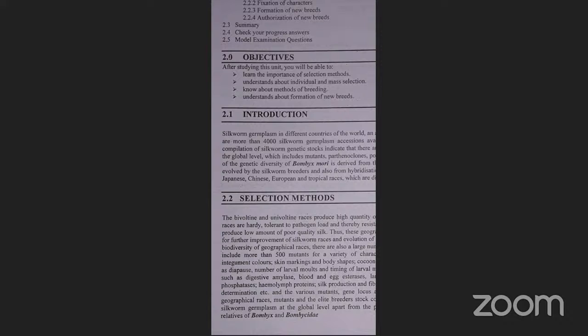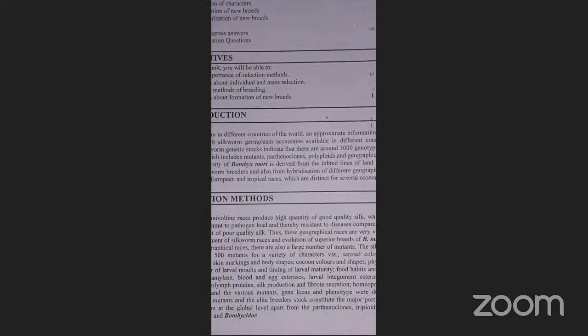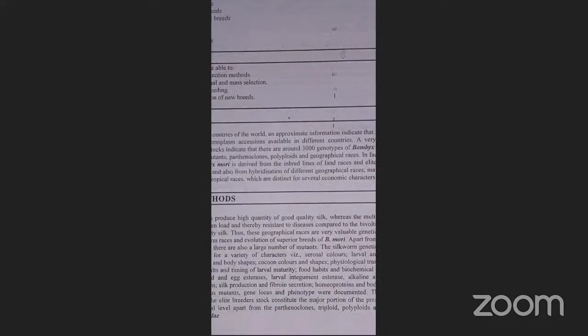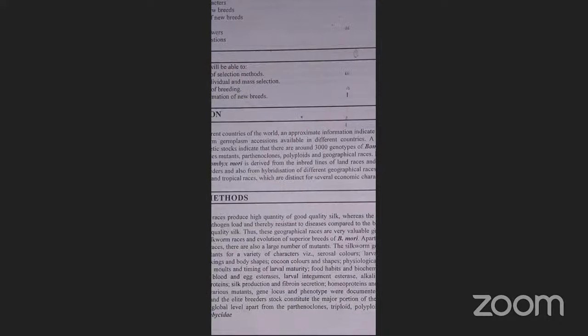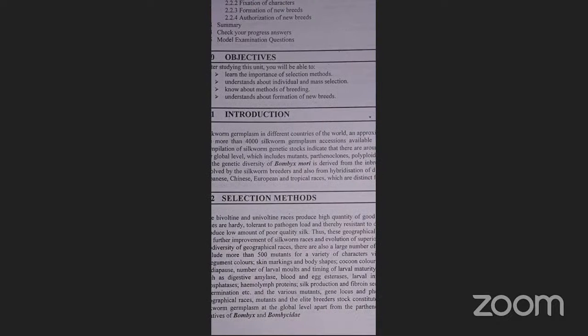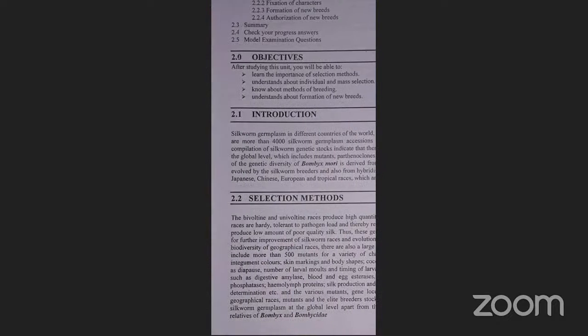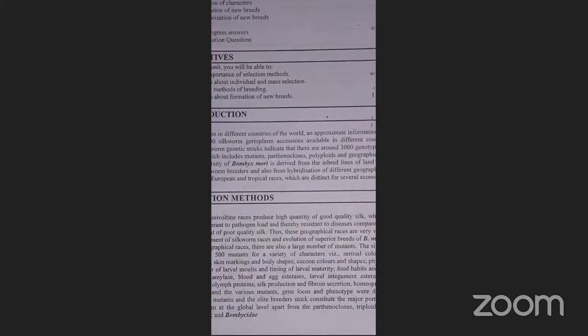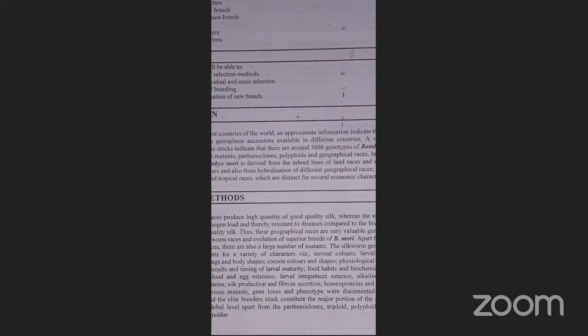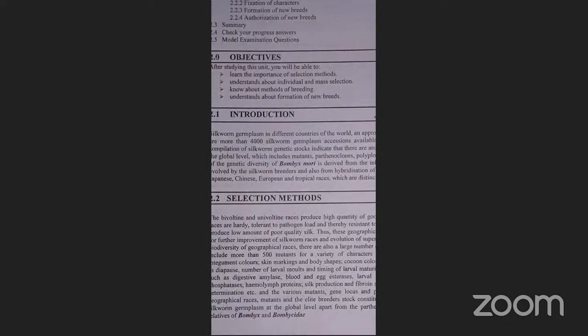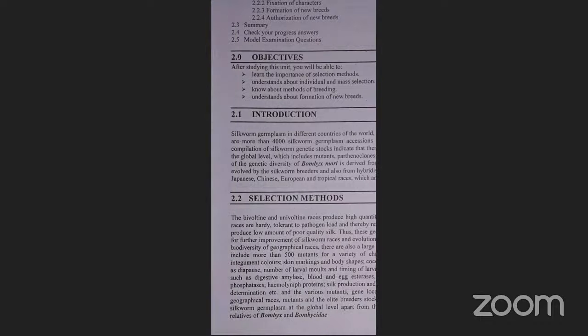Then there are also a large number of mutants. The silkworm genetic stocks include more than 500 mutants for a variety of characters, for example, serum color, larval and adult integument colors, skin markings, body shapes, and cocoon color.